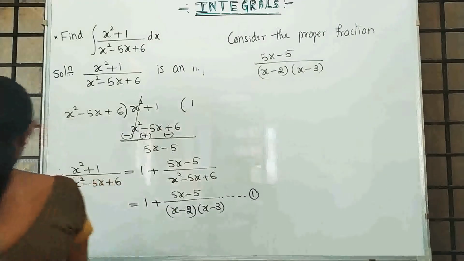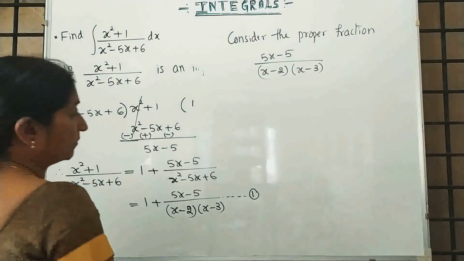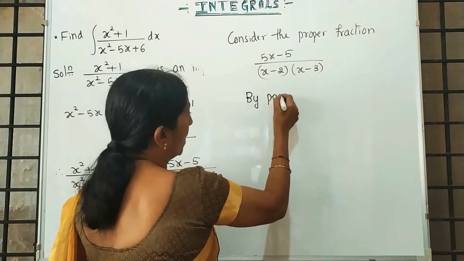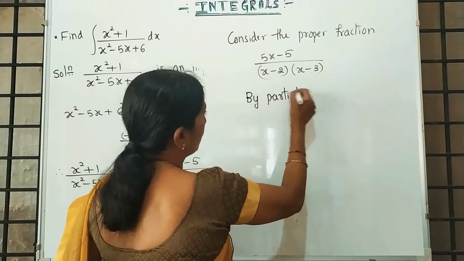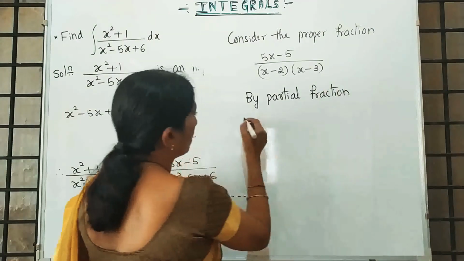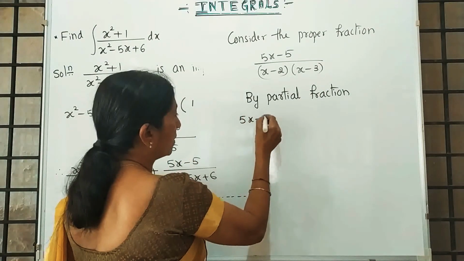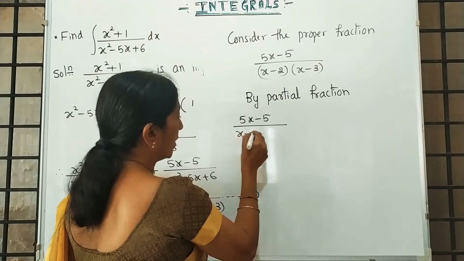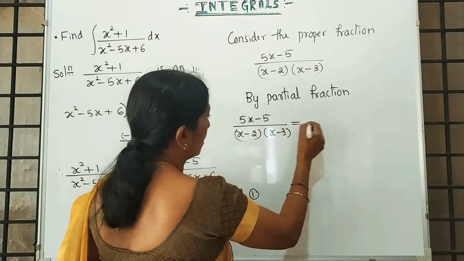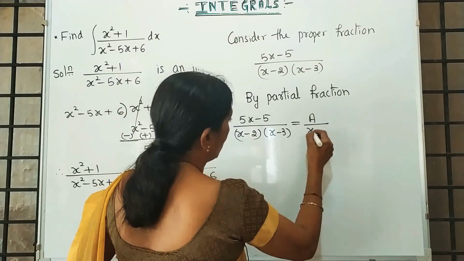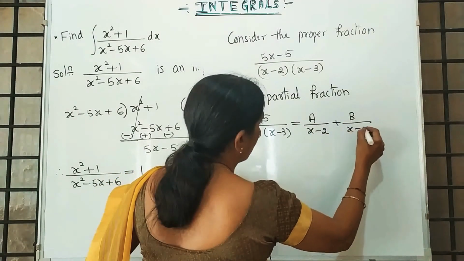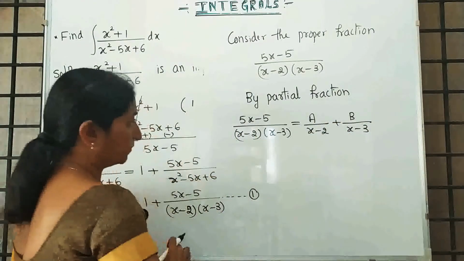Now apply partial fractions for this. By partial fractions, 5x minus 5 upon x minus 2 into x minus 3 is written as a upon x minus 2 plus b upon x minus 3.